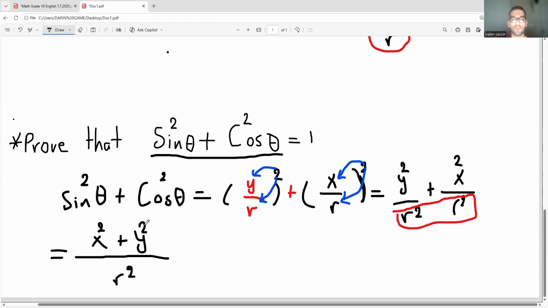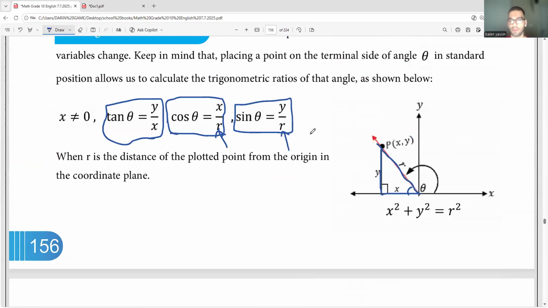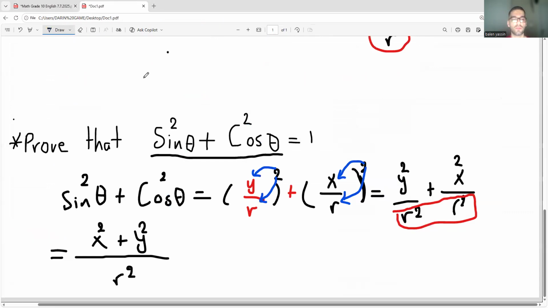Now, one of the basic definitions when you have a right triangle, let's look at it here. This is the Pythagorean theorem from grade 8 and other grades. The sum of the two legs of a right triangle squared is the hypotenuse squared. So x squared plus y squared is always r squared.